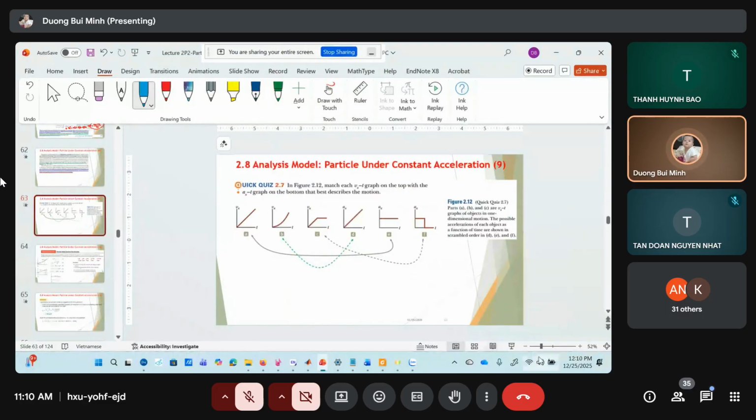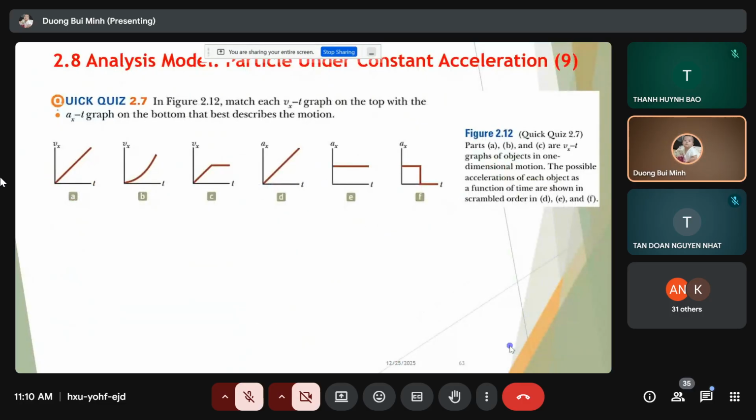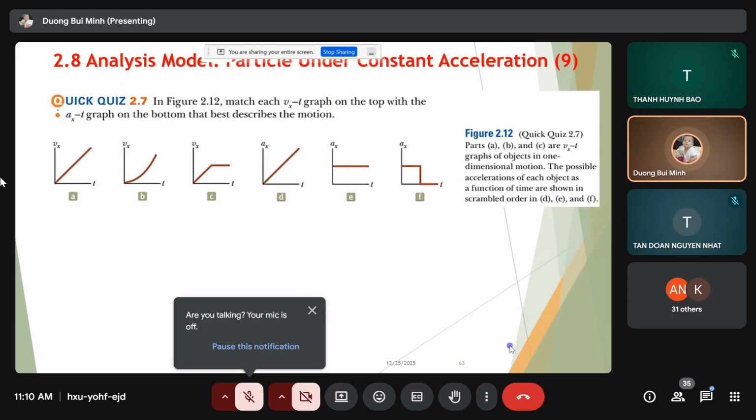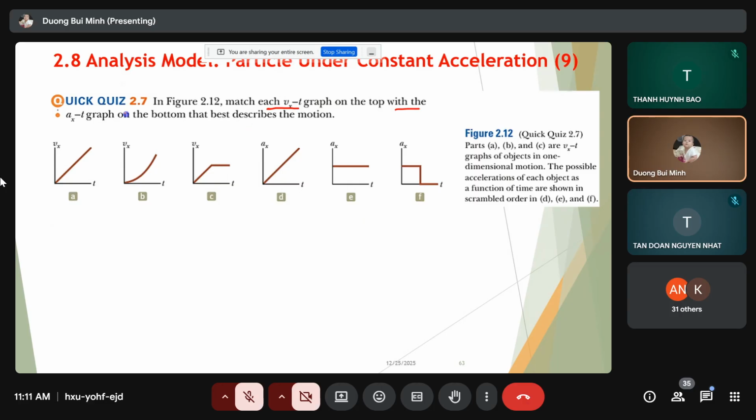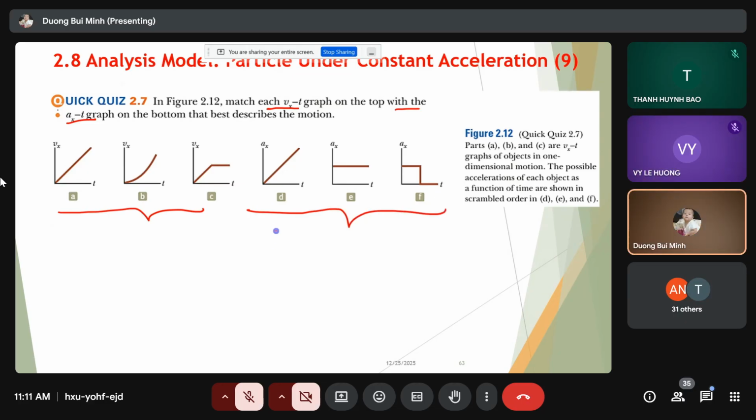So we come back to this one. What is X? Match every velocity versus time with acceleration versus time. Here we have velocity versus time, and here we have acceleration versus time.